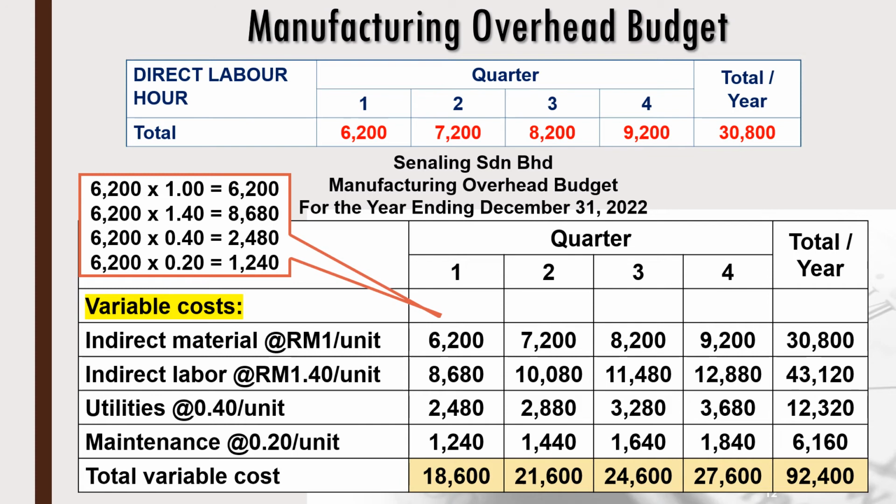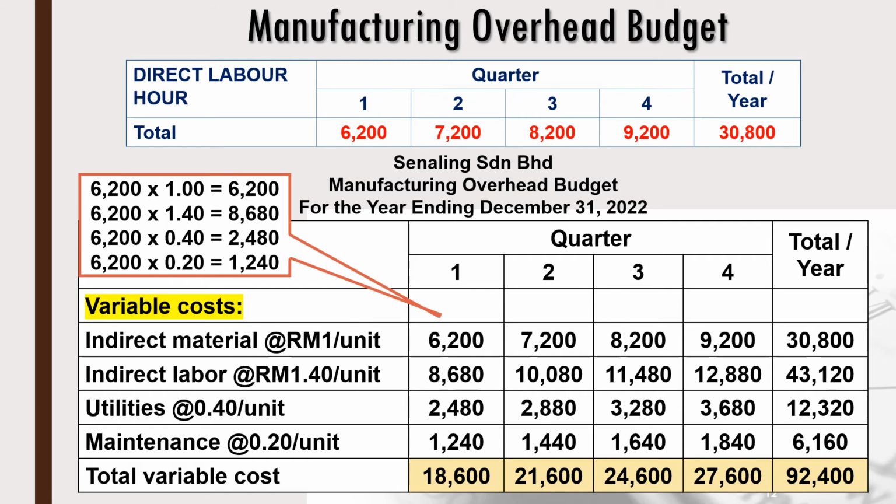So, the indirect labor equals 8,680. For utilities, 6,200 multiplied by 40 cents equals 2,480. For maintenance, equals 6,200 multiplied by 20 cents. So, the answer is 1,240.